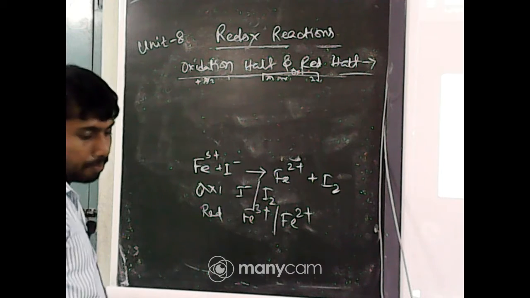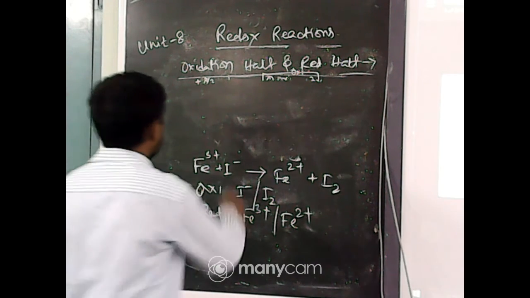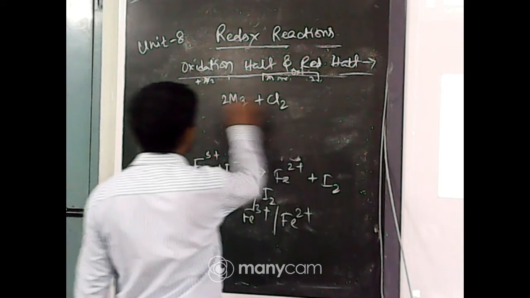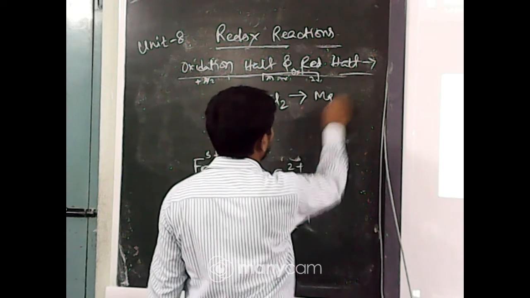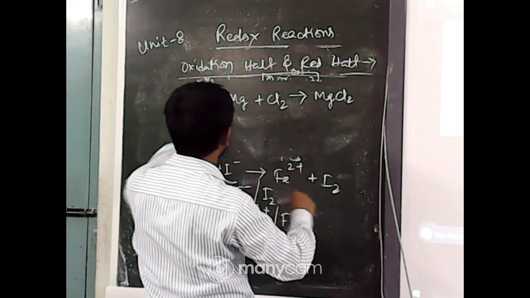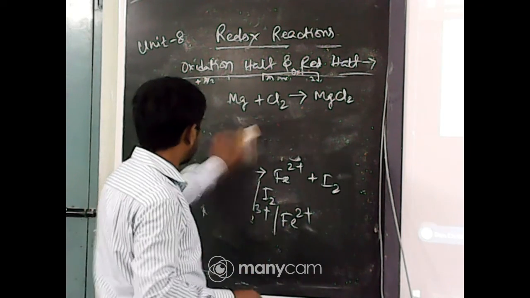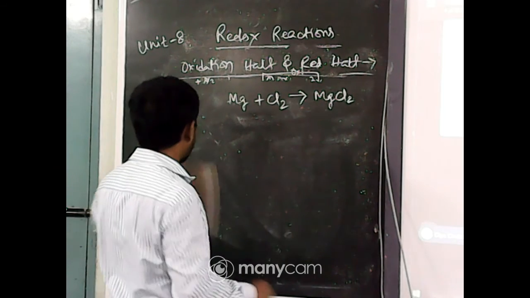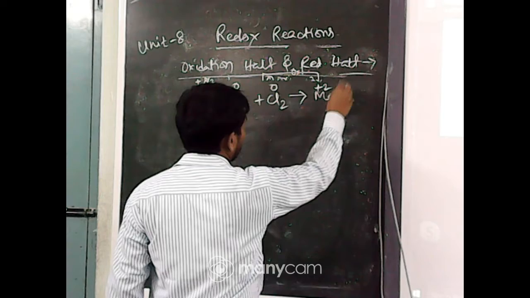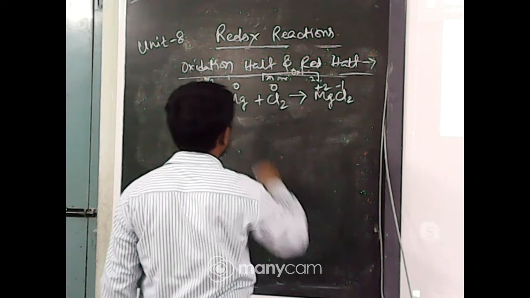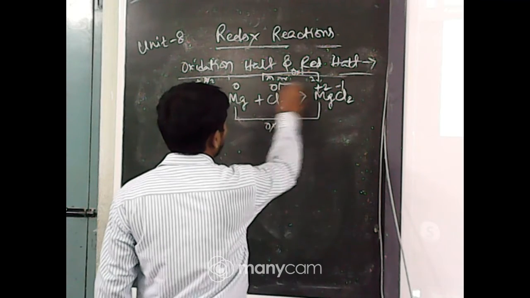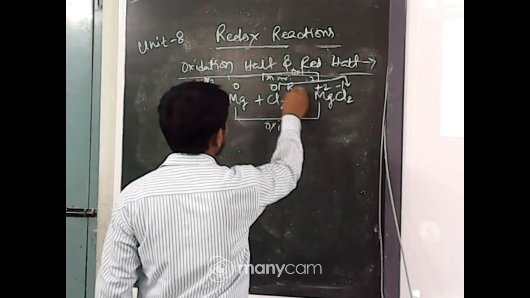Here is one example, Mg plus Cl2 forming MgCl2. Now the oxidation states are 0, 0, then +2 and -1. So 0 to +2 is oxidation, and 0 to -1 is reduction.